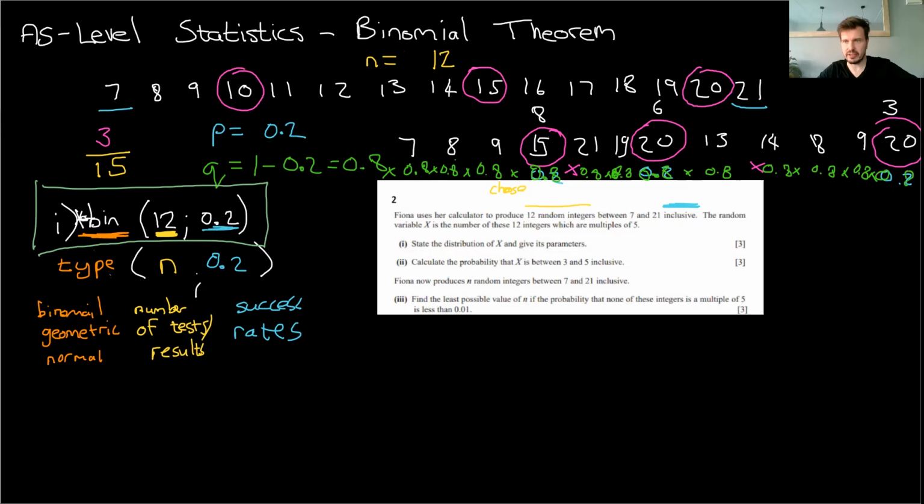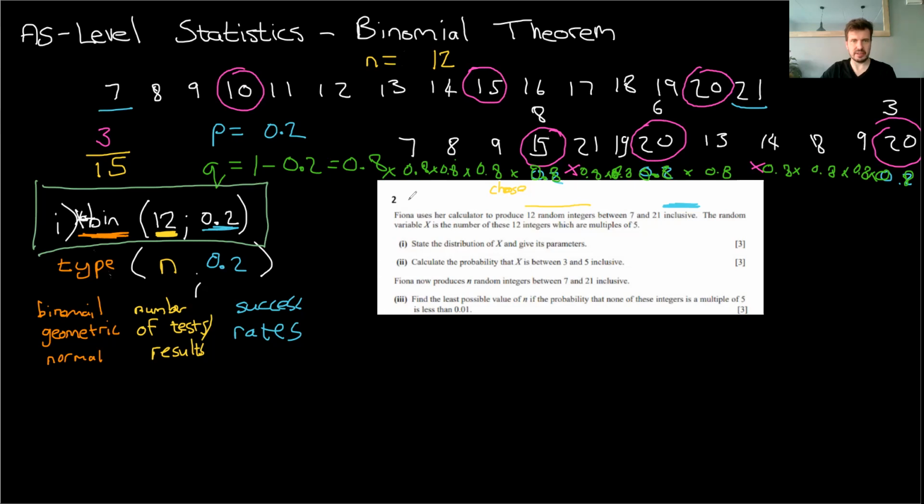So we're looking basically at nothing being successful, because if none of the integers is a multiple of 5, we're looking at all the failures. So rather than work out the successes, let's just look at the failures. What's the probability of them being 12 failures?